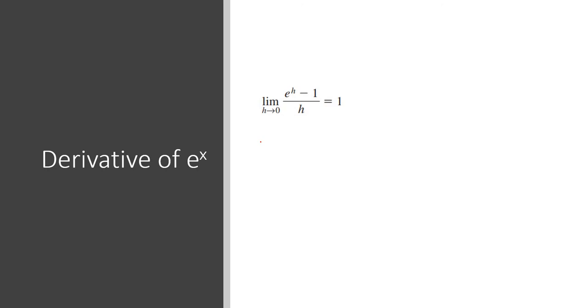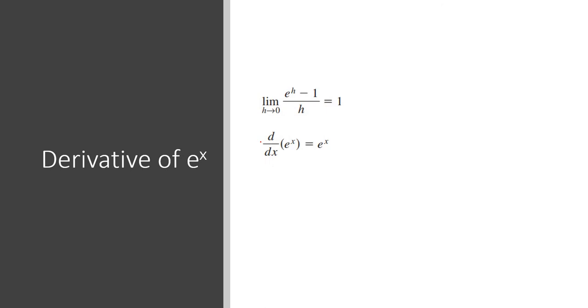If we take the limit of h approaching 0 of e raised to the h minus 1 divided by h, we have this being equal to 1. Now, if we take the derivative of e to the x, we just get e to the x. And this is true no matter how many times you take the derivative of e to the x.